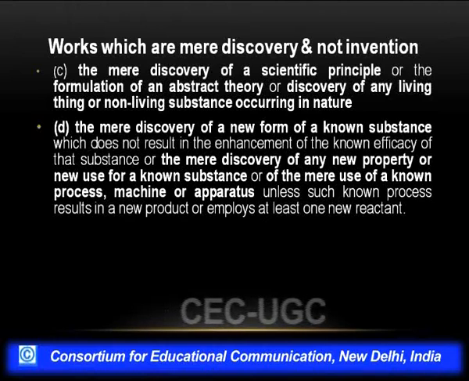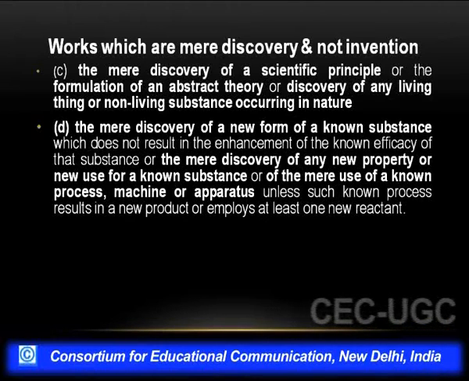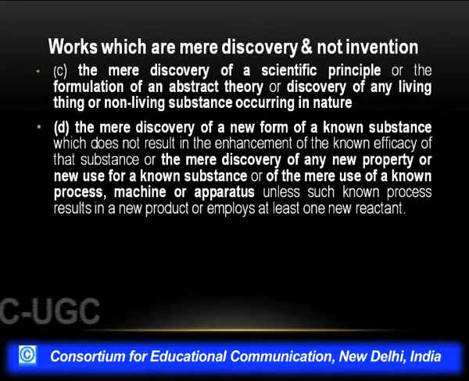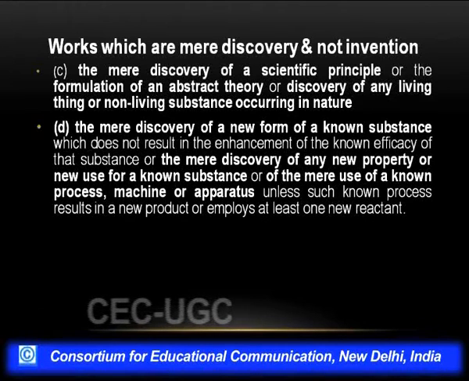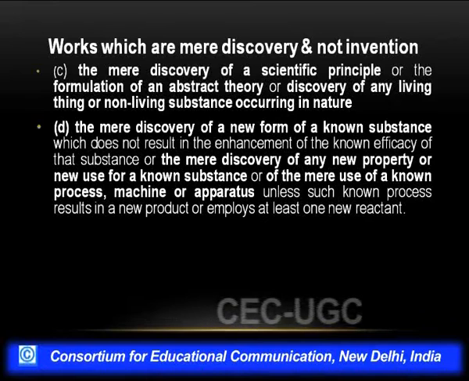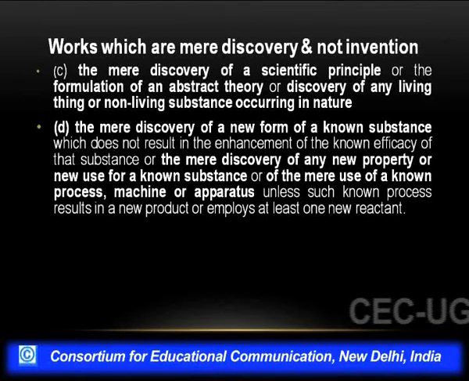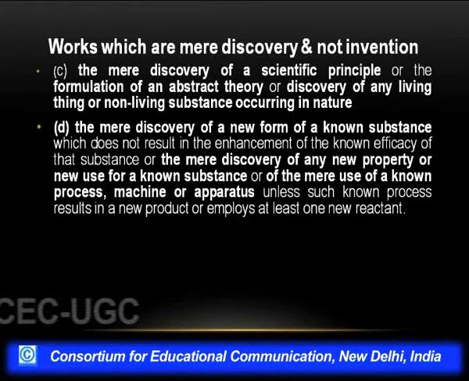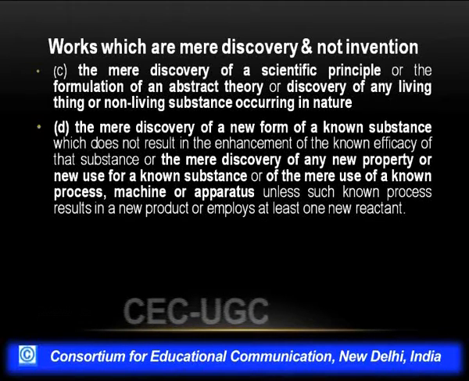That is also excluded. But if that new use of a known process, machine or apparatus results in a new product or employs at least one new reactant, in that case it may be given a patent protection. So there are certain exceptions embedded under this section 3D.